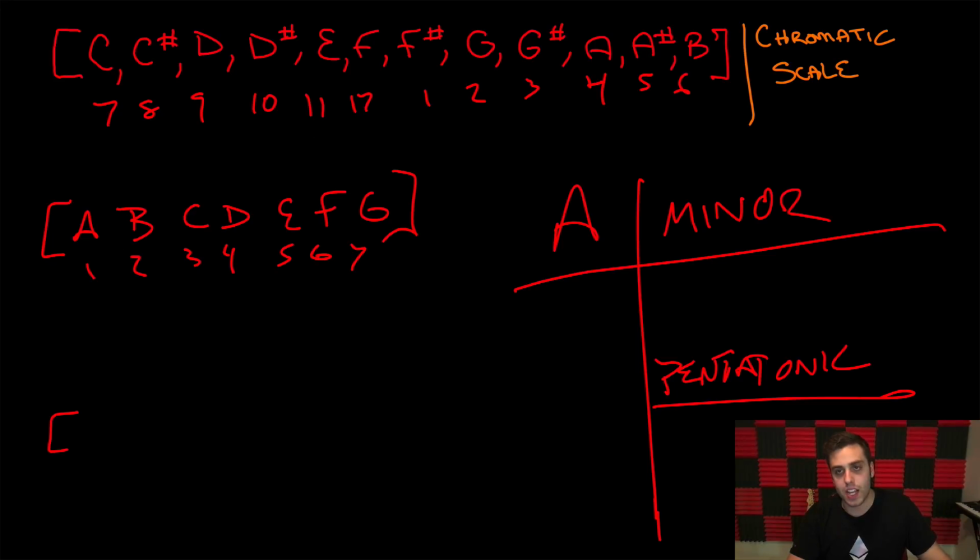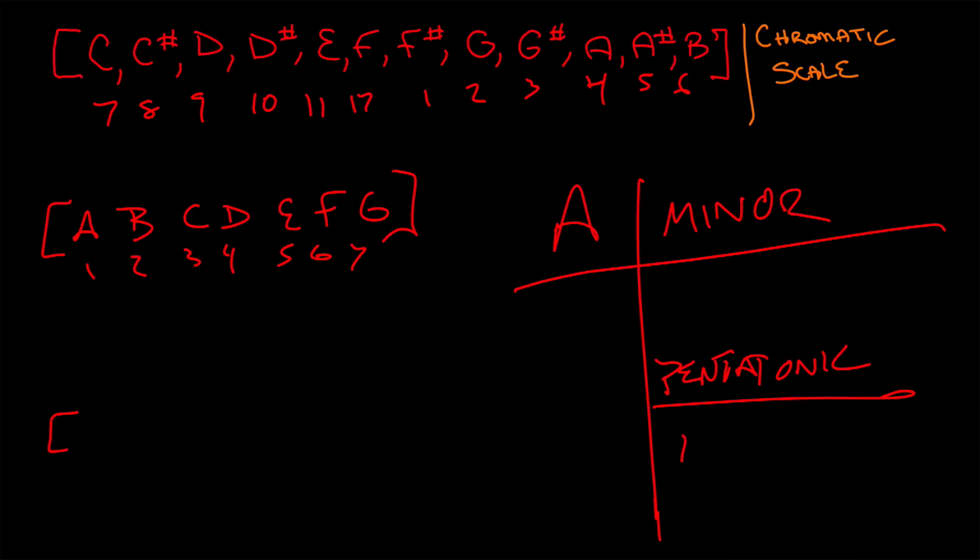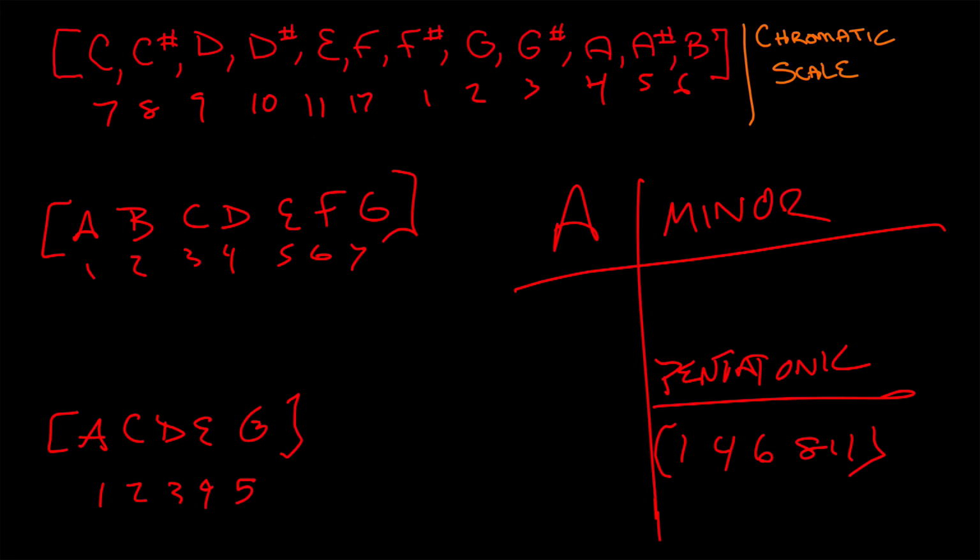And the pentatonic is going to be 1, 4, 6, 8, and 11. And that will give us A, C, D, E, and G. So this would be the A minor pentatonic scale, which is also fully contained in the normal A minor scale.